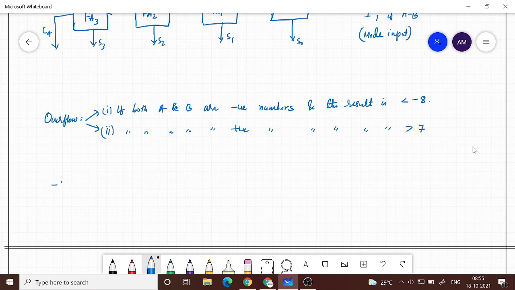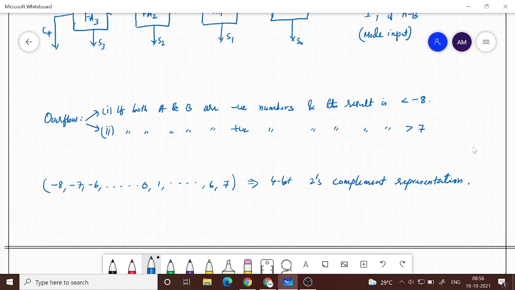So -8, -7, -6, etc., then 0, 1 up to 7. This is the range of numbers that can be represented in 4-bit 2's complement representation. But if the result happens to be outside this range, then we say that there is an overflow.